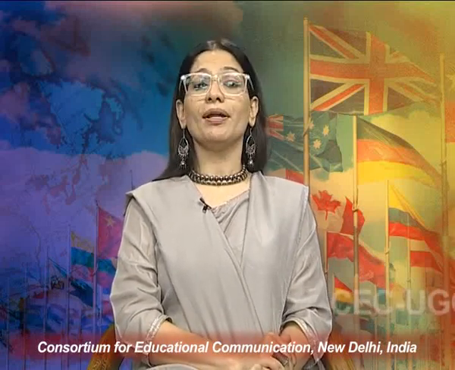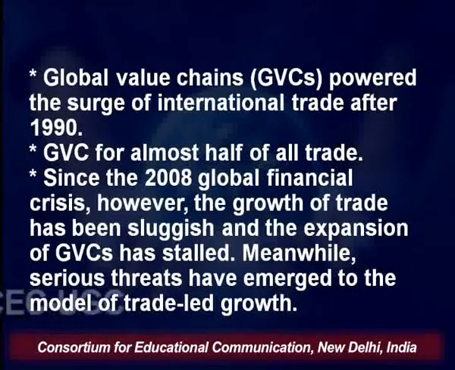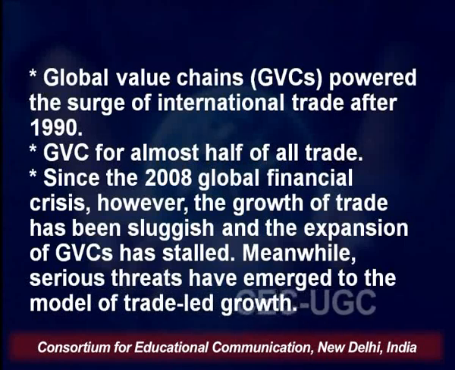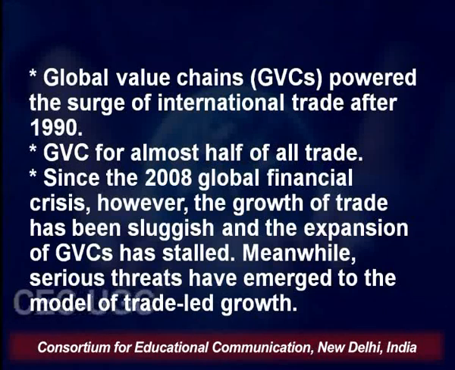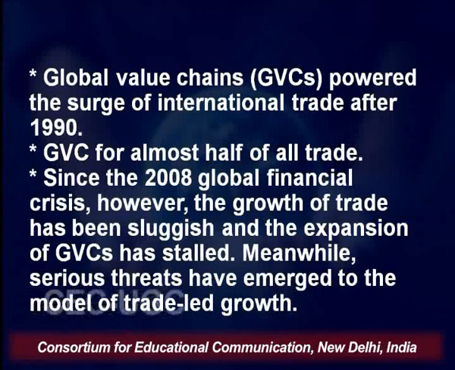The report points out global value chains powered the surge of international trade after 1990. Global value chains account for almost half of all trade. Since the 2008 global financial crisis, however, the growth of trade has been sluggish and expansion of global value chains has stalled.